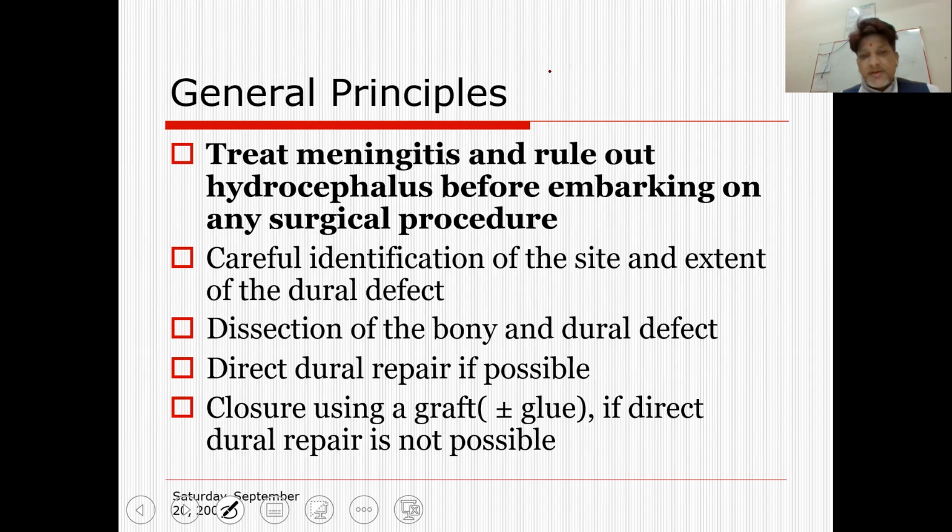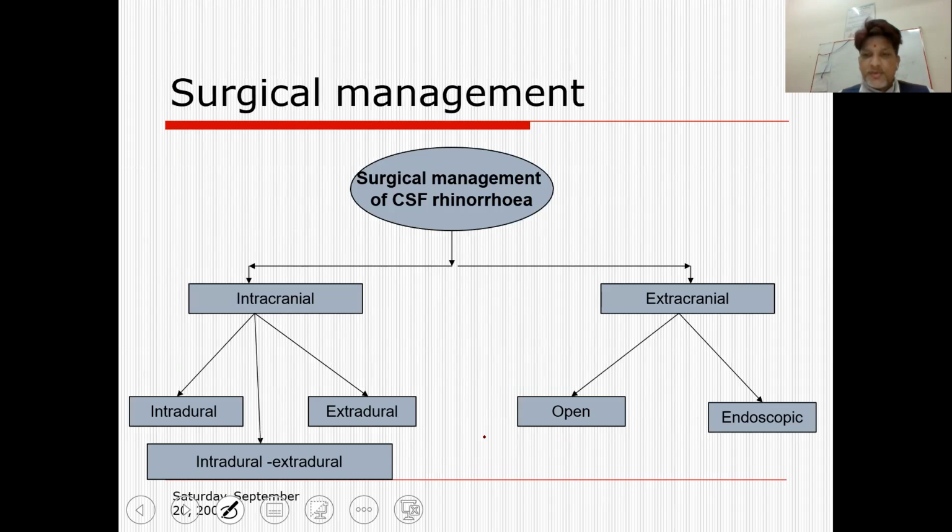Most repairs throughout the globe are done nowadays endoscopically, and various grafts are used, with or without glue. The fundamental principle of surgery is to expose the area completely by a complete ethmoidectomy, then use bipolar cautery, and then repair or reinforce the leakage with various grafting materials apart from glue.